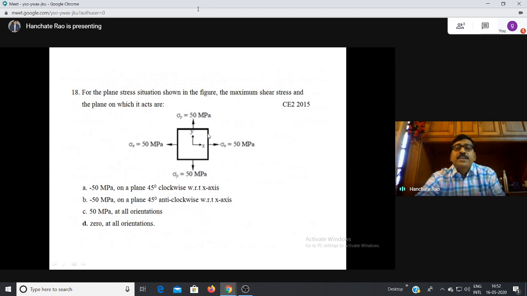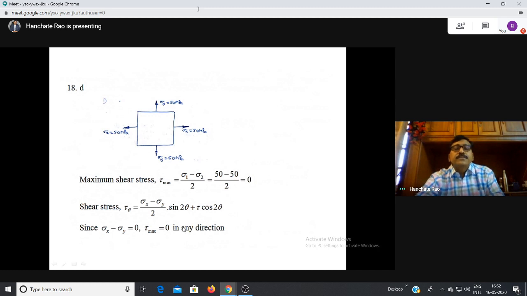See here, there is no shear stress, so this plane itself is the principal plane, and this plane itself is another principal plane. So sigma 1 is equal to 50, sigma 2 is equal to 50. The maximum shear stress is (50 minus 50) by 2 is equal to 0. So this 0 is the answer. In any direction, it is 0.